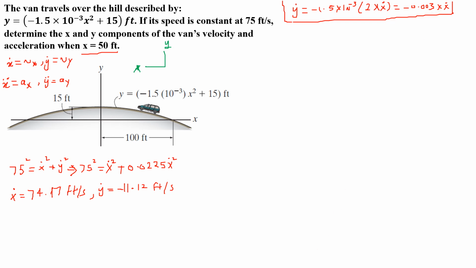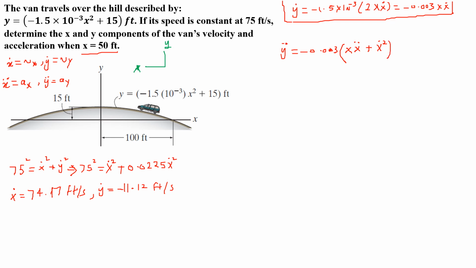Okay, so the left side would be simply y double dot equal to the right side, negative 0.003, just a constant. I'm going to open a bracket because I have the product rule. For x and x dot, I'm going to leave x as it is for now, and take the derivative of the second function, which will be x double dot, plus the derivative of the first one, which is x dot, and I already have x dot, so it would be x dot squared.